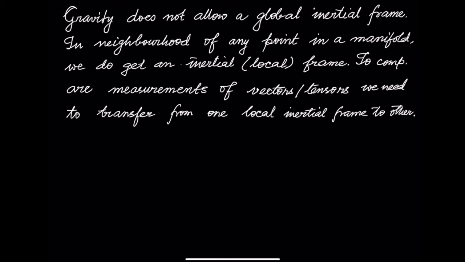Which essentially means that, say, one such differential equation can be the fact that there is no force acting on a particle which is moving and supposed to move without changing its velocity. So now I have to compare the velocity of this particle from one freely falling observer's local inertial frame with the local inertial frame of the other freely falling observer.